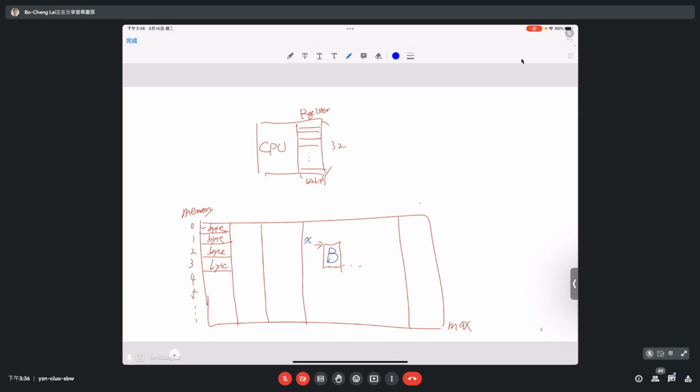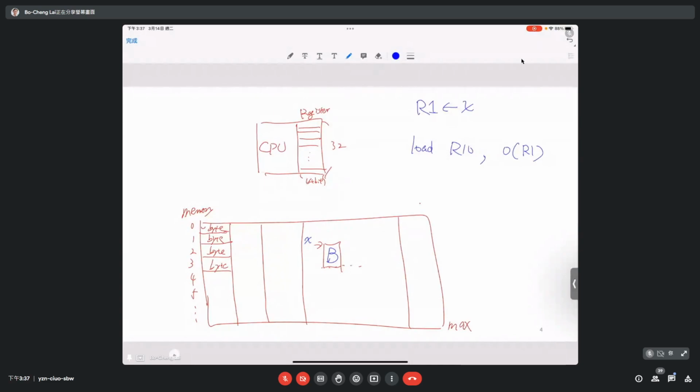So how do we find B? We need a data, and this data is the address of B. 我们要知道 B 的 address 在哪里。那个 address 对 CPU 来说其实也是 data 的某一种，它放在 register 里面。For example, if I have register 1, I put X in there. 我把 X 这个住址存在 R1 里面。When I need to load the data B, I will load to, let's say, R10 from R1.